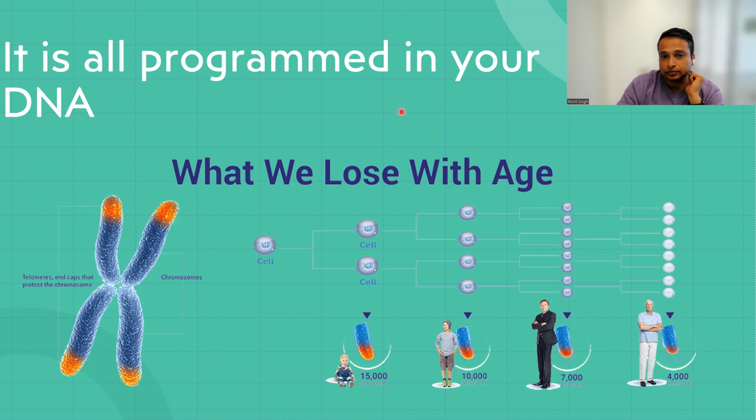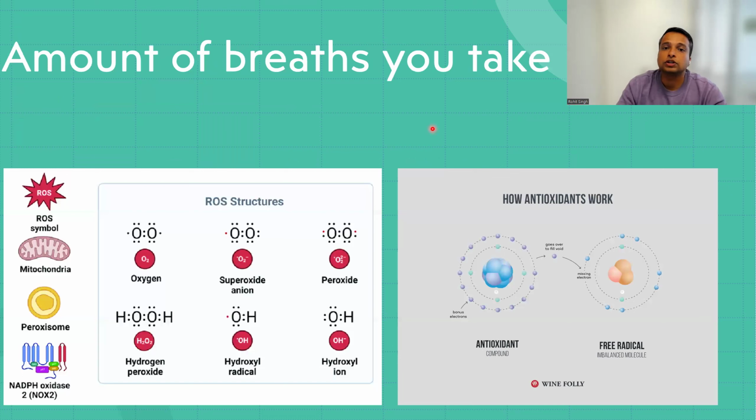The other biological process is reactive oxygen species. If I say it philosophically, it's the amount of breaths or amount of body work you do that creates a lot of reactive oxygen species. When you're running, when you're doing whatever, your life is the amount of breath or amount of inhalation of oxygen you do.